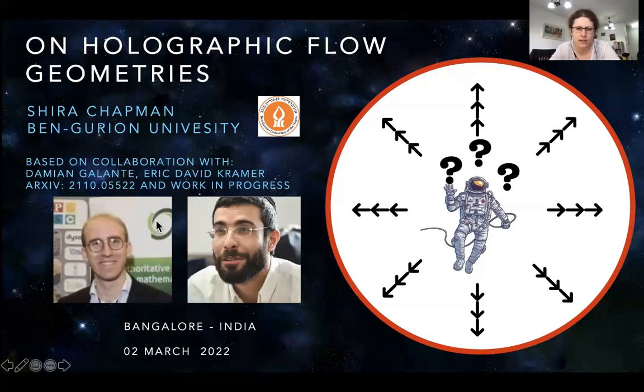You can see my cursor, right? Yes. With Damian Galante, who is now a Hawking Fellow in King's College in London, and Eric David Kramer, who is a postdoc at the Hebrew University in Jerusalem. Right. Okay.